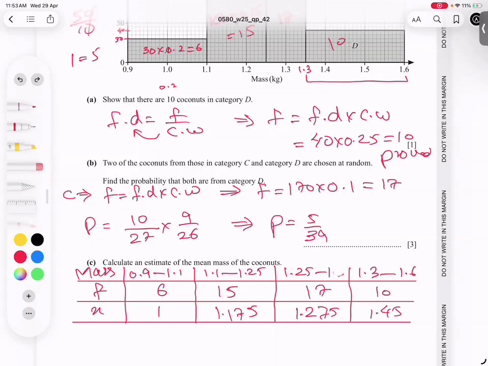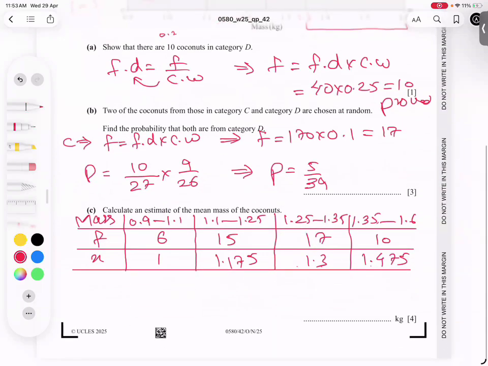I'm going to make the correction, and this is 1.35 here also. Then it is a little bit changed. Now I'm finding again 1.25 plus 1.35 divided by 2. We are getting 1.3 here. And for the last one, if we add them, we get 1.475.